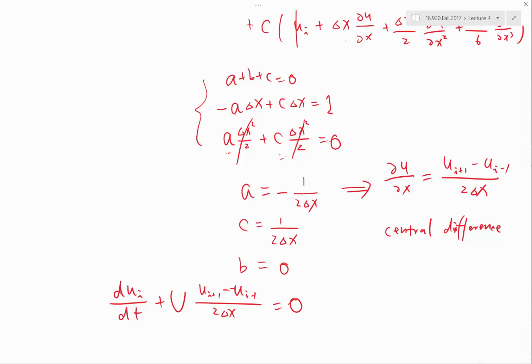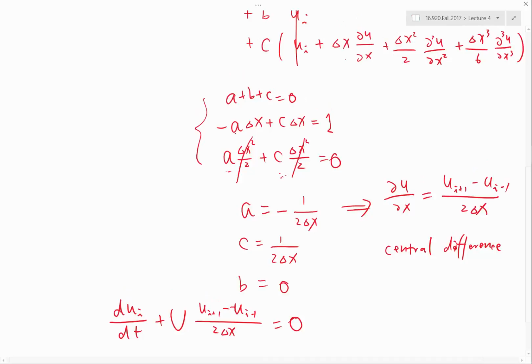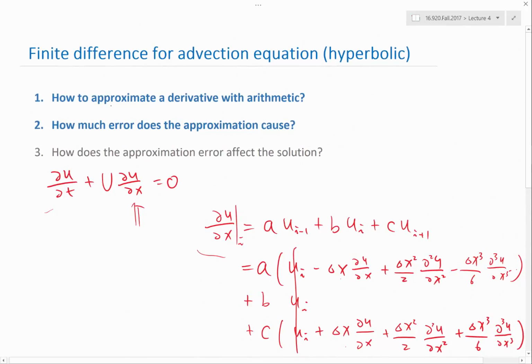So how much error is introduced? We have answered the first question, how to approximate a derivative with arithmetic, and we derived this central difference operator. The second question is, how much error does this approximation cause?